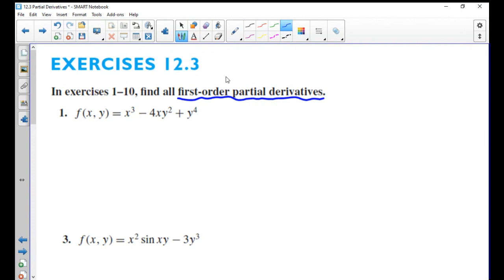Okay. And we only want the first derivatives according to the question.